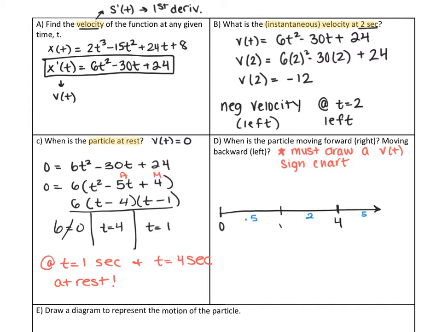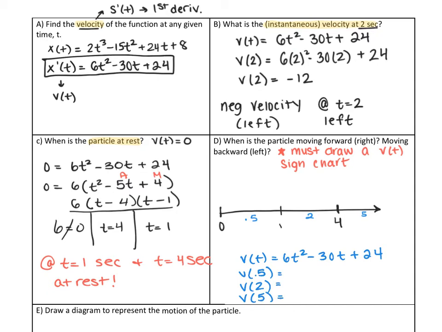And what we want to do is see if the velocity function is positive or negative. So since this is my velocity function, v of t, we want to see what is happening at v of 0.5, v of 2, and v of 5.